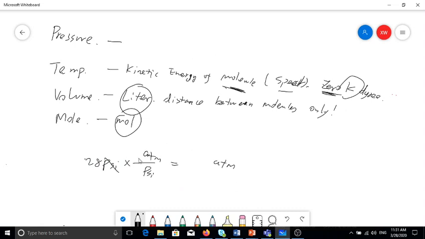So 1 ATM is 14.69 psi, so you divide 28 by 14.69. That should give you a pretty crazy long number, but this is a conversion factor, so we don't count its sig figs. We only count the sig figs of 28, which has 2, so we would have 1.9 ATM.